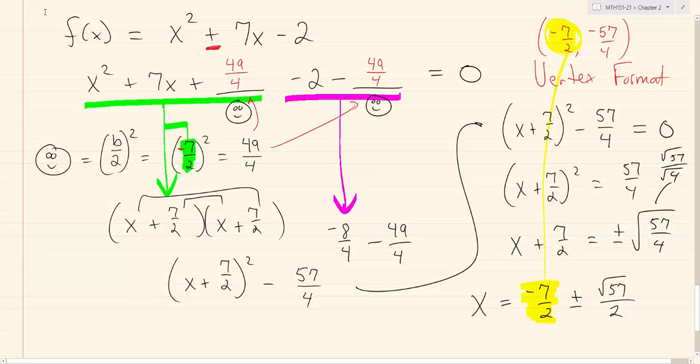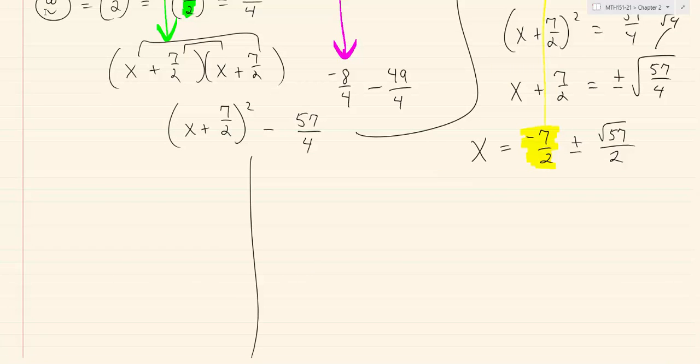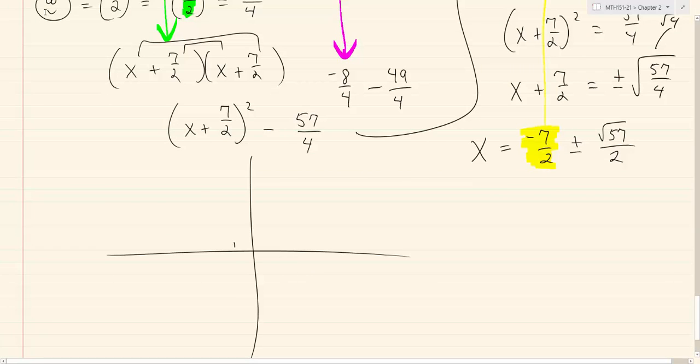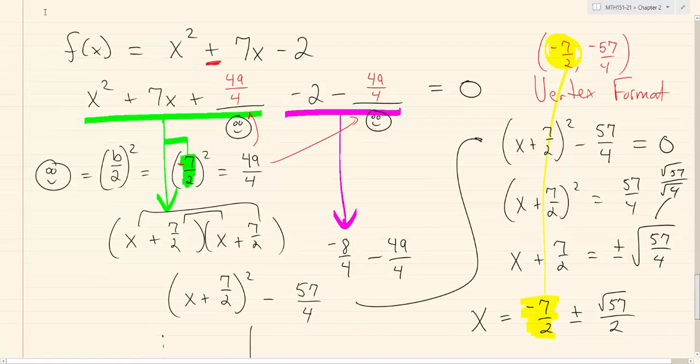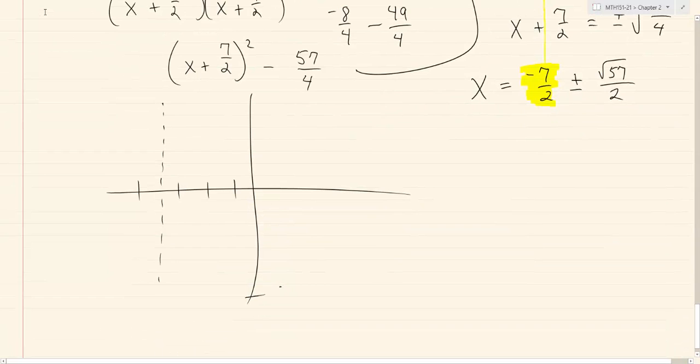And then we could talk about, well, could you graph this? So if we sketched a quick graph, negative 3.5, 1, 2, 3, 4. So here's negative 3.5. There's your line of symmetry. And your vertex is located at negative 57 fourths. Oh, that's a big, really negative number. Negative 57 fourths down here. So here's your vertex.